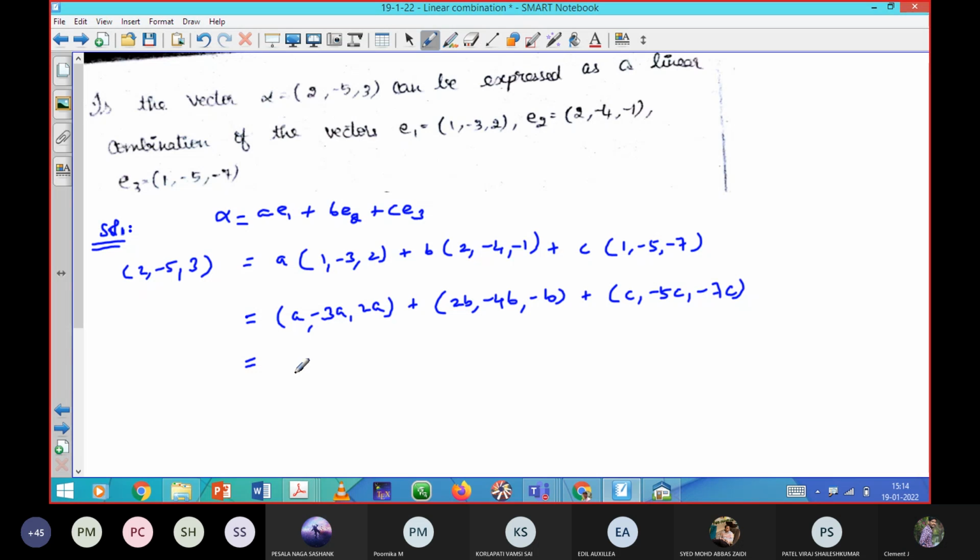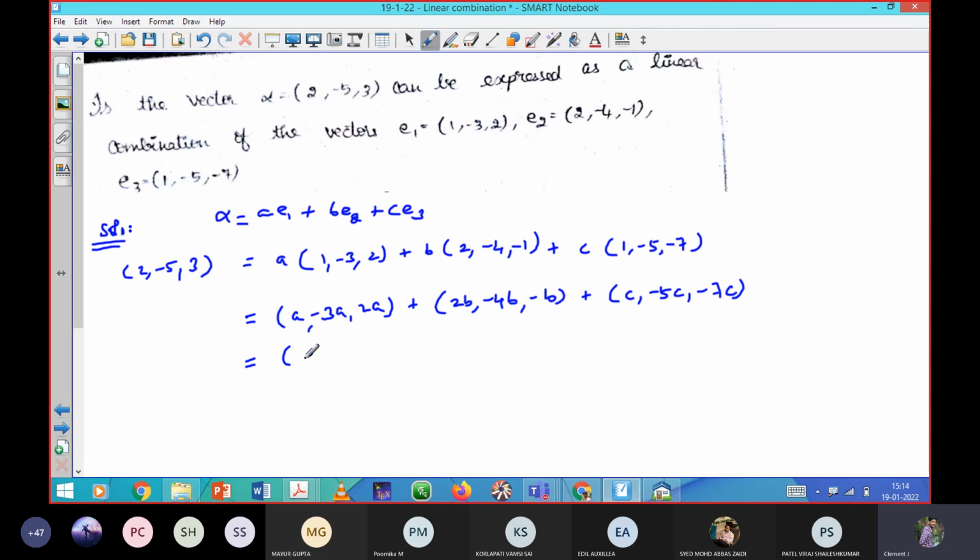Sir, we can do a plus 2b plus c. Very good. So why not write this in the single triplet format? Good prediction. So that it could be easy to determine the a, b, c values by comparing both the sides.